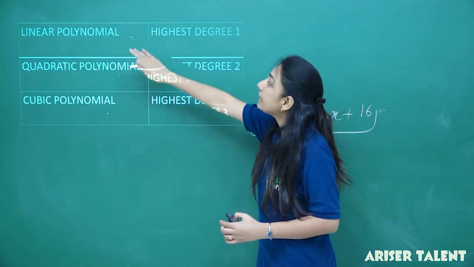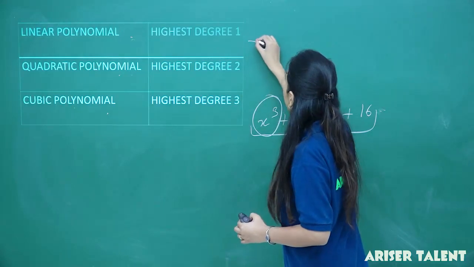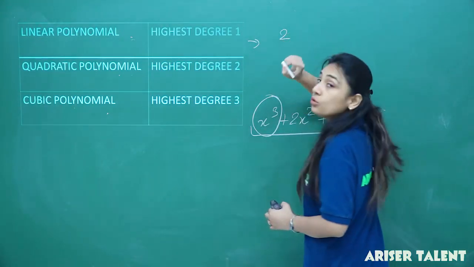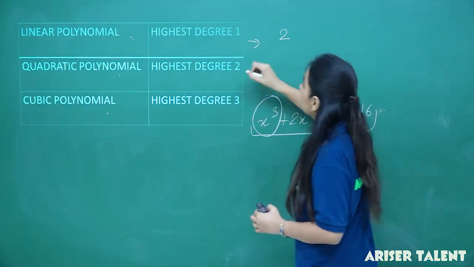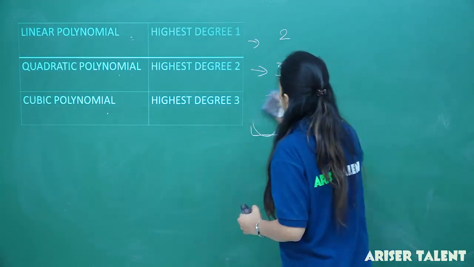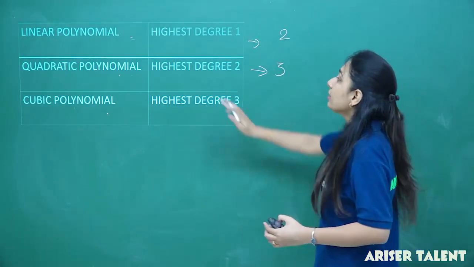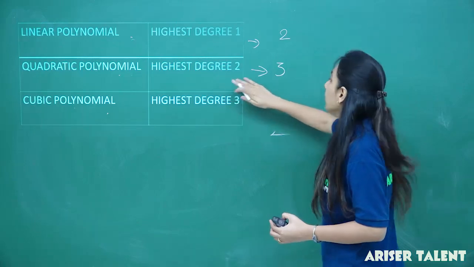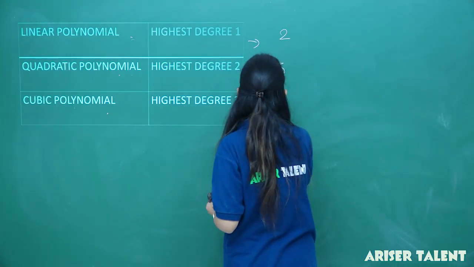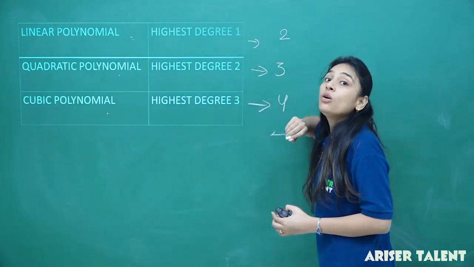Now a linear polynomial will have maximum 2 terms. A quadratic polynomial will have maximum 3 terms, and the cubic will have maximum 4.